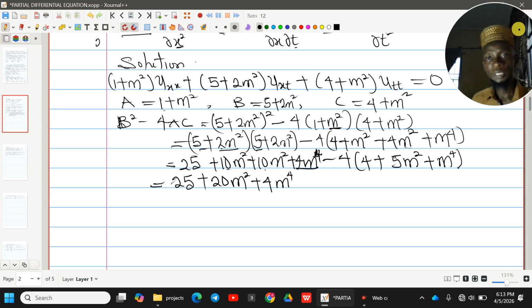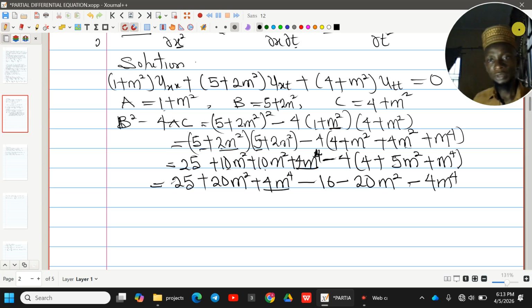Now let me open the bracket here. We have minus 4 times 4, minus 16. Minus times plus, minus 4 times 5 is 20, okay, we have m squared, right? Minus times plus is minus 4 times m raised to power 4, we have 4m raised to power 4, right?